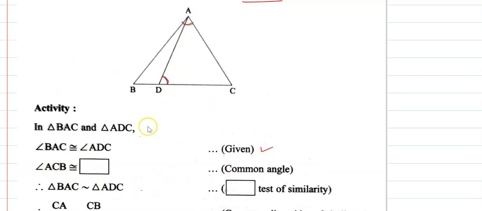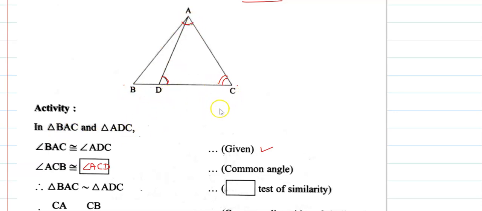Next, angle ACB of triangle BAC is congruent to angle ACD. Therefore, I will write here angle ACD. This angle C is common to both the triangles, that is triangle BAC and triangle ADC.